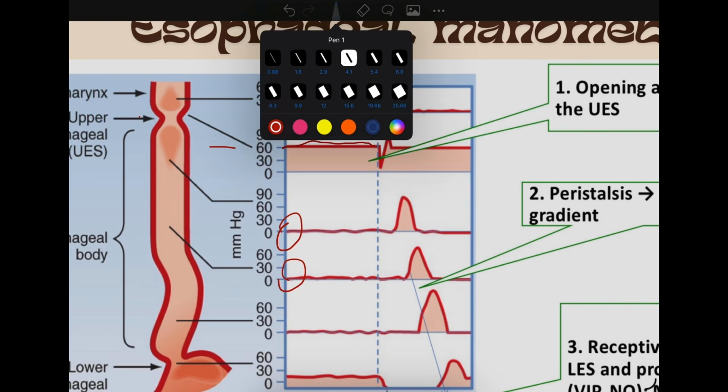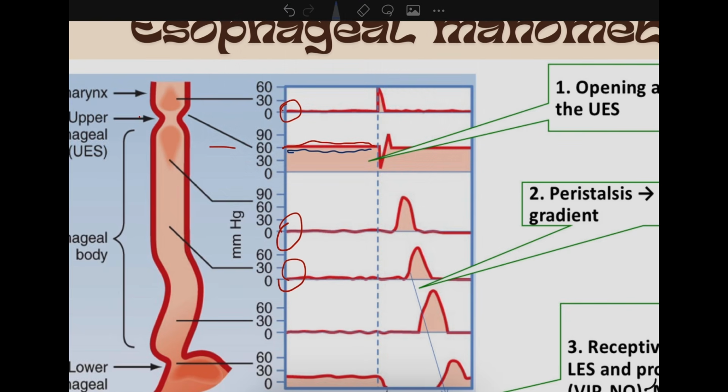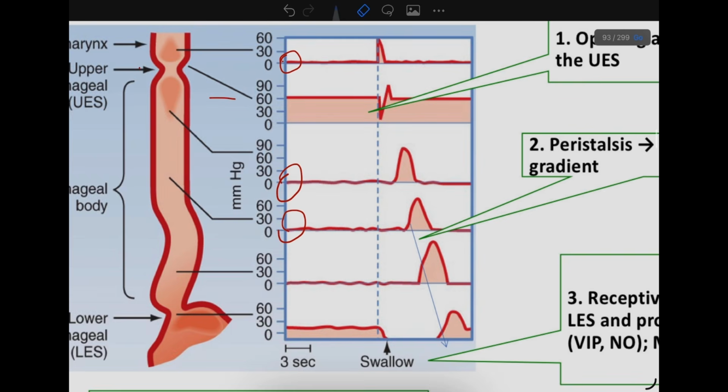And then here is the swallowing part. Let's take the blue for this, okay. So it's 60, and then the swallowing part, it relaxes, because you just swallow. So once it relaxes, the pressure drops down, and then it contracts again, and it continues after the swallowing. Very easy. Throughout the whole esophagus, it makes sense what's going on. It's usually 0.